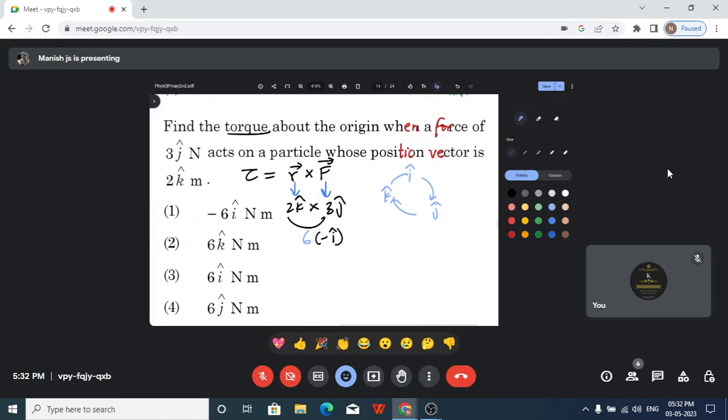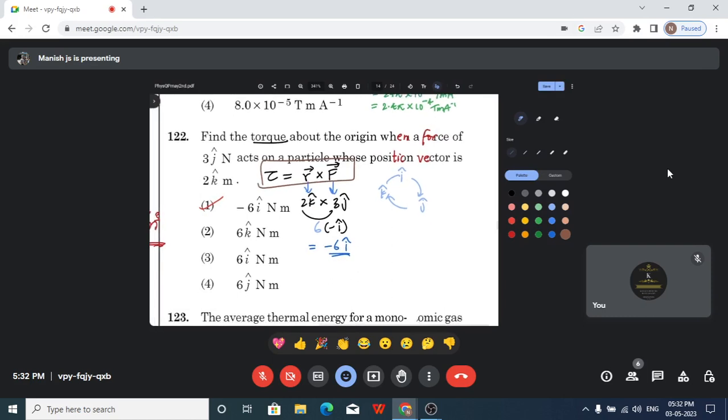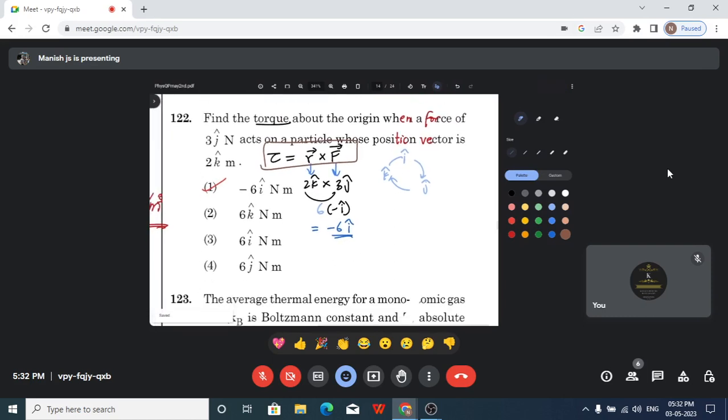That is something you will have to remember. So the answer is minus 6 i cap, which is option 1. This is how you approach this question. Is it clear? So that is the formula and how we have solved it. We'll move on to the next question.